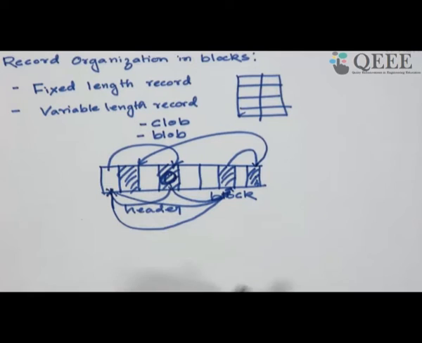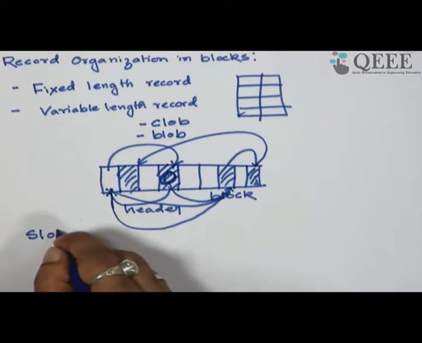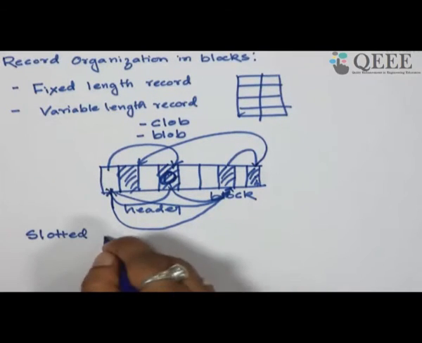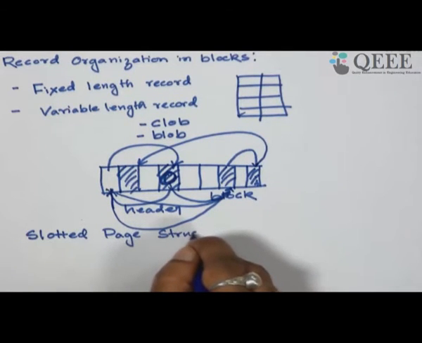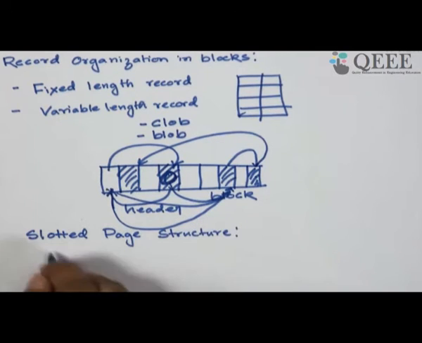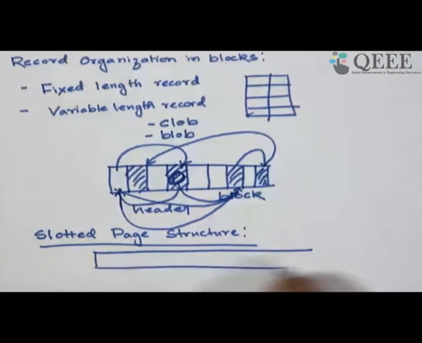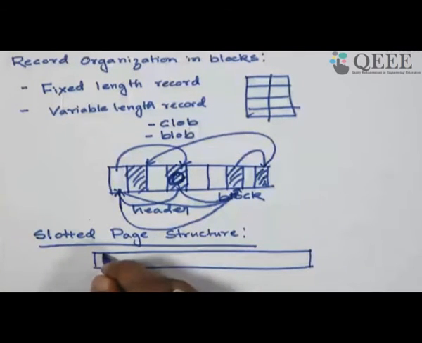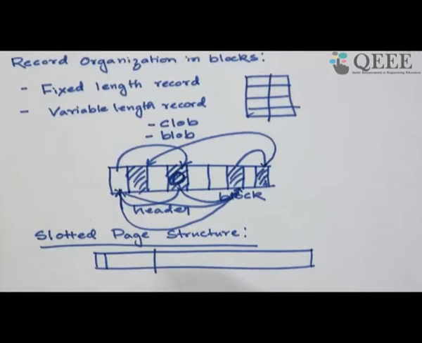For the variable length record we have something called a slotted page structure. This is not possible in variable length. So what it does is the following. Initially there is a header part and there is a data part.